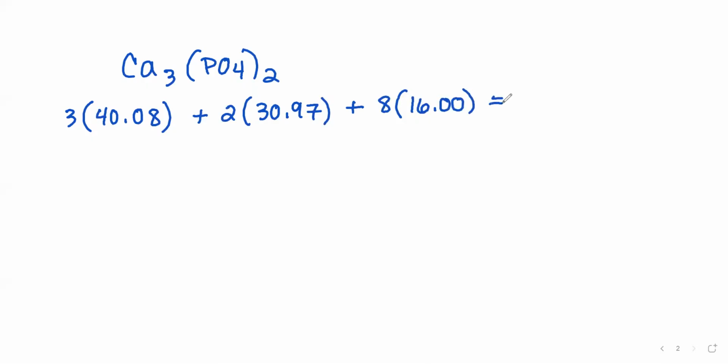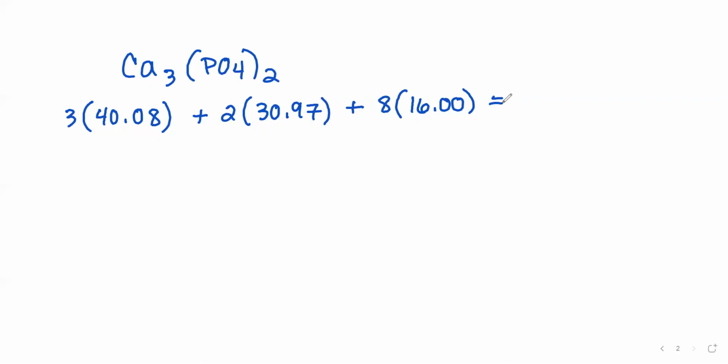I'm going to grab my calculator and let's add all of this up. And we're going to do 3 times 40.08 plus, and then I like to use the parentheses. So to be honest, I set it up in my calculator exactly the way you see it here.